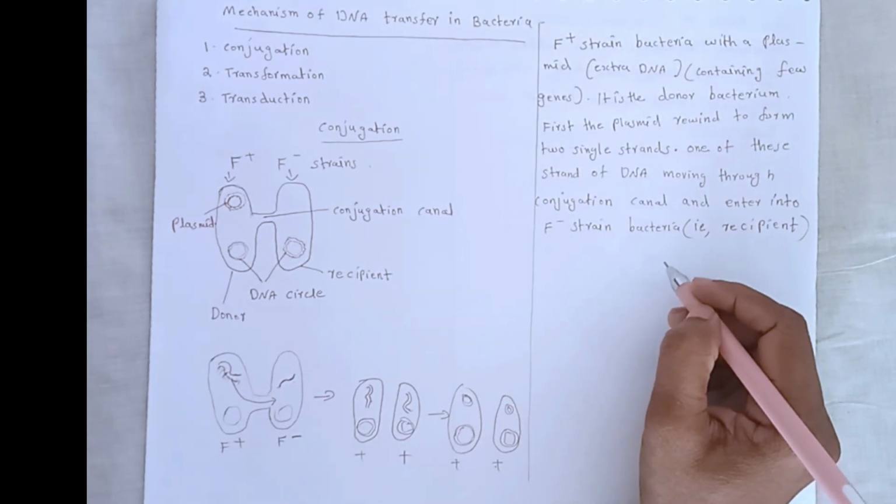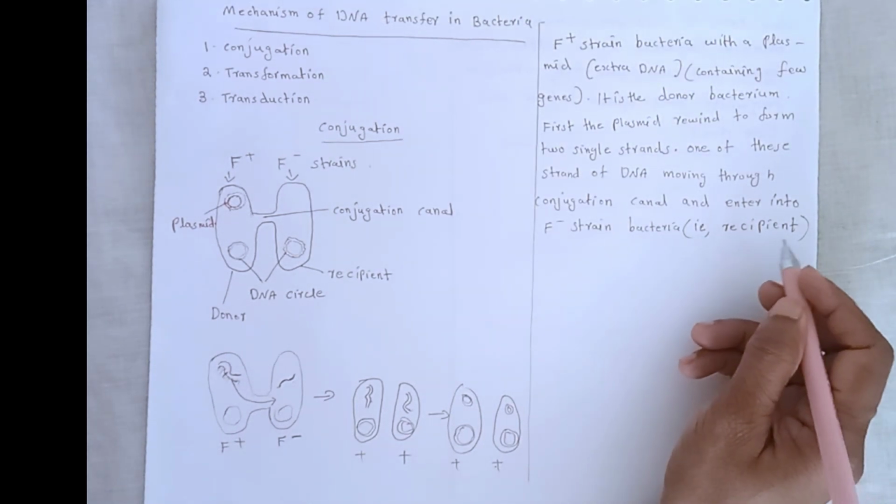The F minus strain bacterium, that is the recipient bacterium.